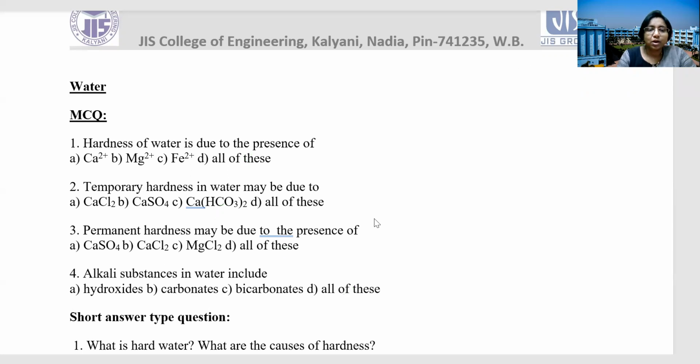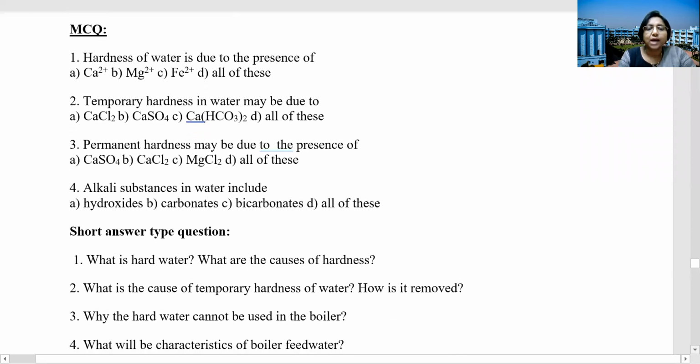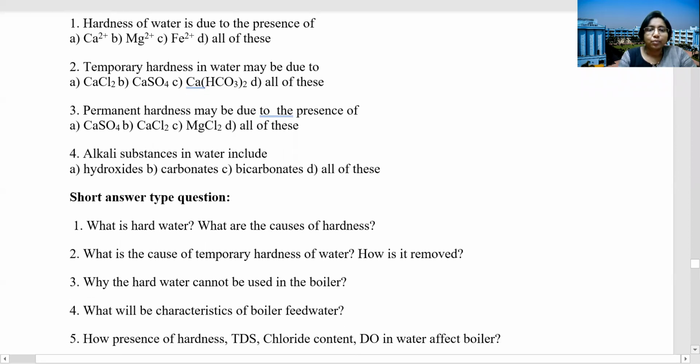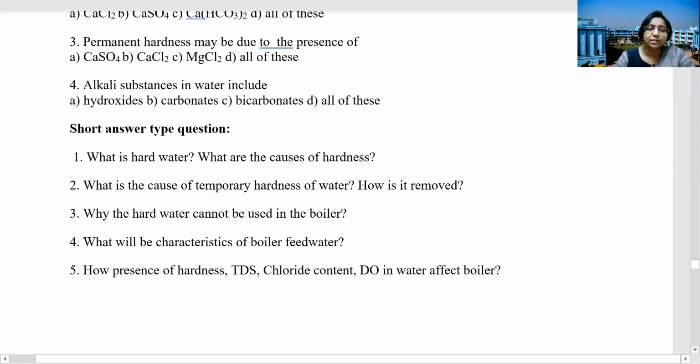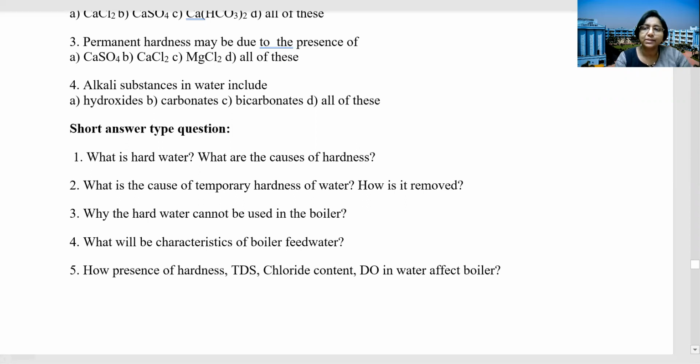So next, the short answer type questions. What is hard water? What are the causes of hardness? You can tell that hard water contains the salts of calcium, magnesium, and iron. And the causes of hardness: bicarbonate, sulfate, chloride salts of calcium, magnesium, iron cause hardness.